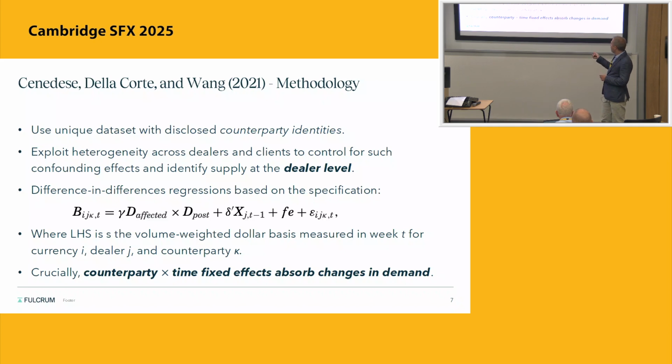Crucially, we also use fixed effects in which we use this counterparty heterogeneity. We use counterparty time fixed effects that absorb changes in the demand conditions.